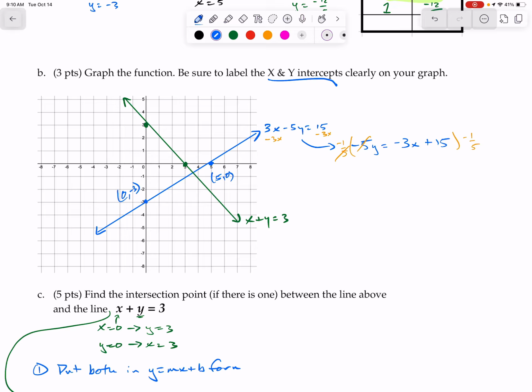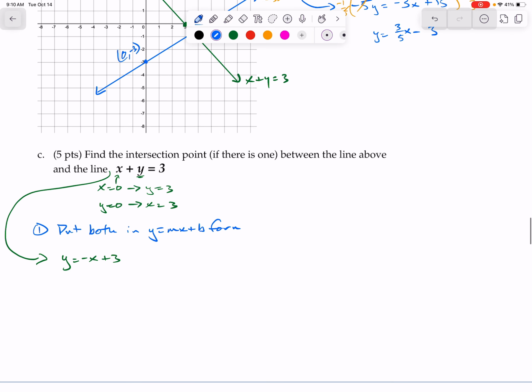And I'll get y equals positive 3/5 x minus 3. That's really 15 over 5 is 3. Oh, and I forgot my x. So I'm going to write that down here: y equals 3/5 x minus 3.